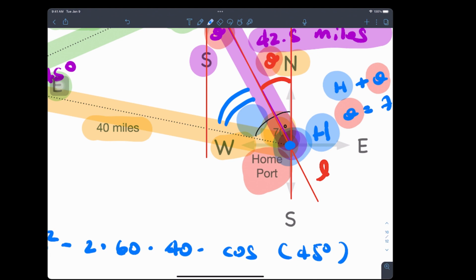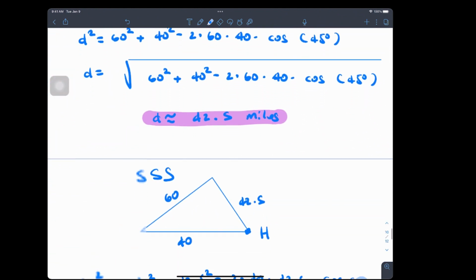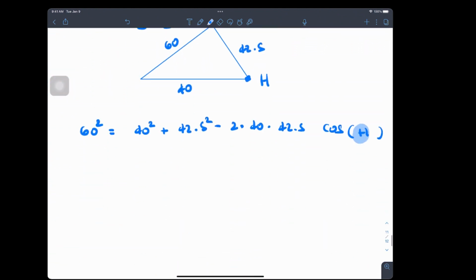If we get H, H plus theta is 70. We're looking at that picture. So law of cosines comes in and says, okay, solve for cosine H. What is cosine H? Do you guys remember? Maybe you want to see every detail.